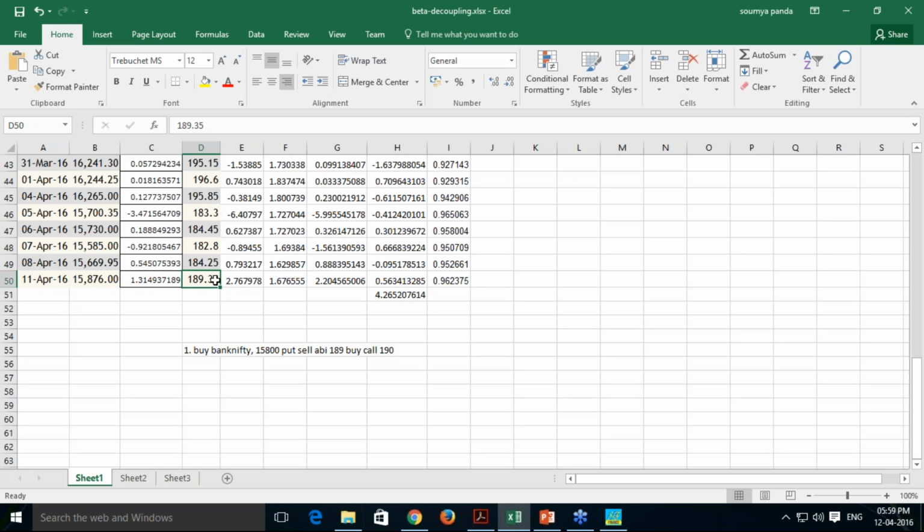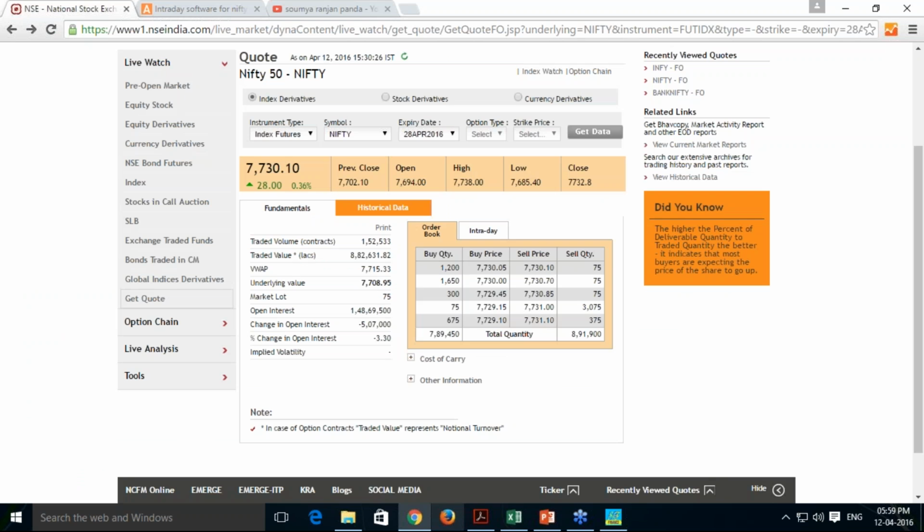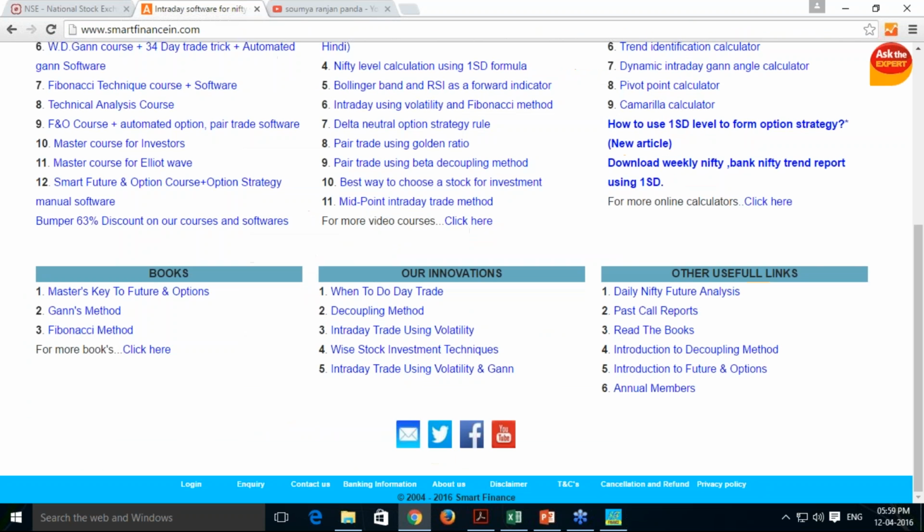So that when you initiate, you need not wait a long time to achieve the target. You can achieve the target in the quickest possible time. So this is how you can do the intraday and positional trade in this method.